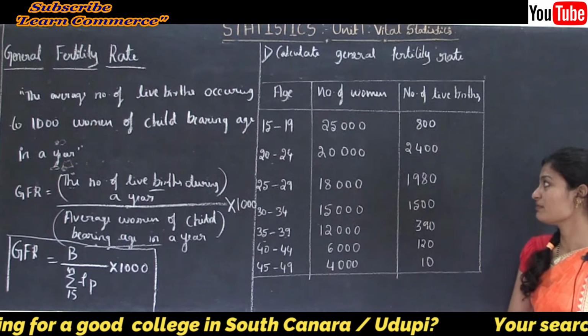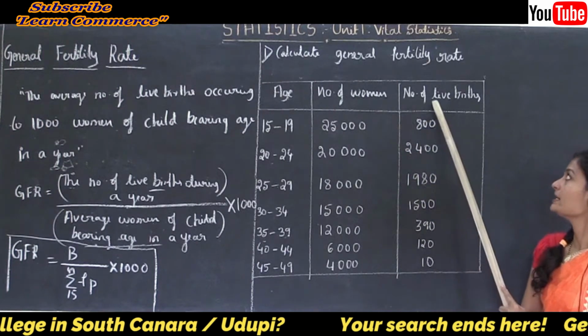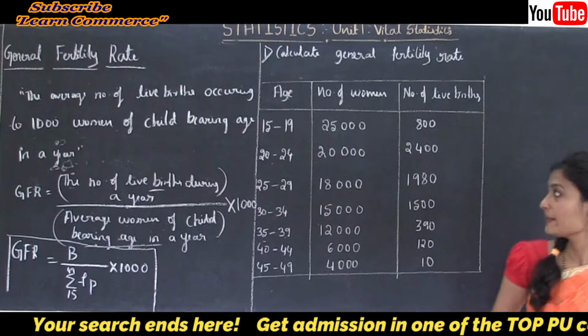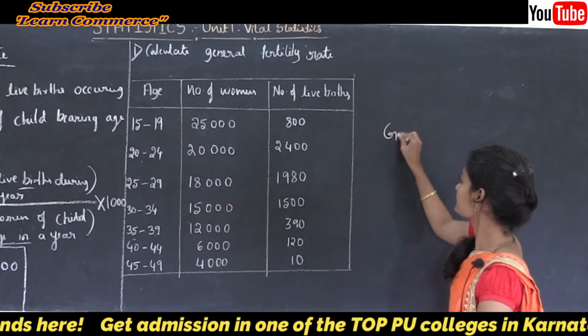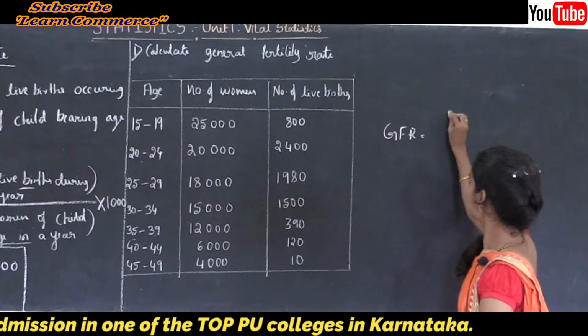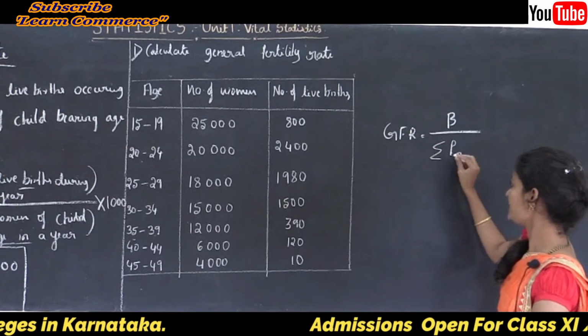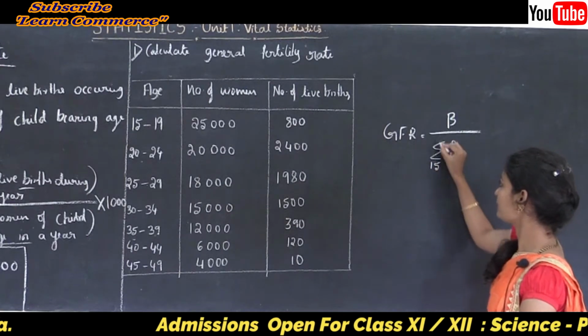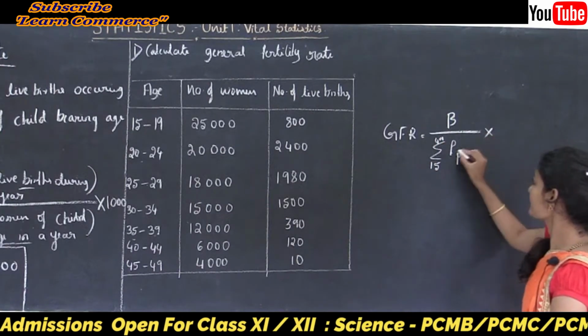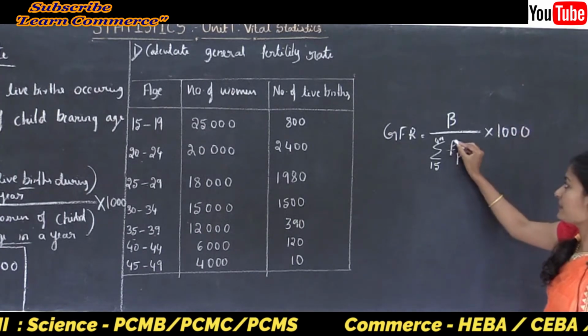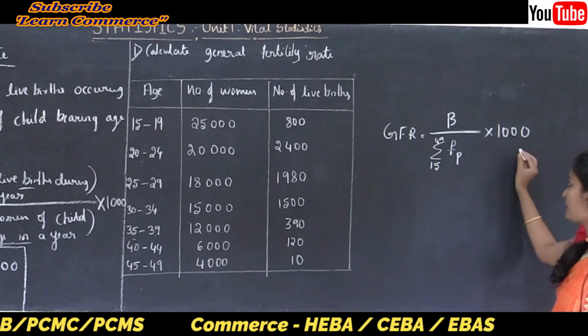We know the formula of GFR: GFR is equal to B divided by the sum of female population aged 15 to 49 years, into 1000. Here F means female population.